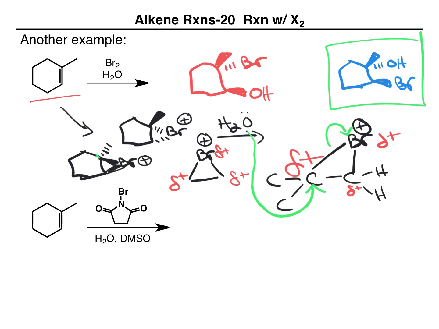And then when water adds to this carbon, that is going to give us the enantiomer of the product I've drawn here. So this reaction is stereospecific, where we get the trans product, not the cis product. It is regioselective, where the OH becomes connected to the more substituted carbon, but we still get a mixture of enantiomers.